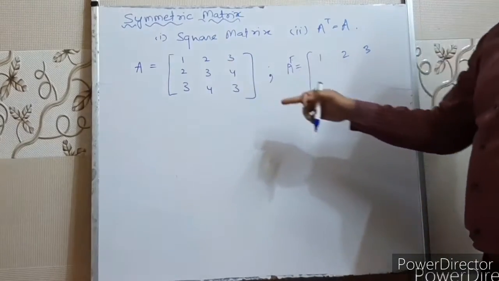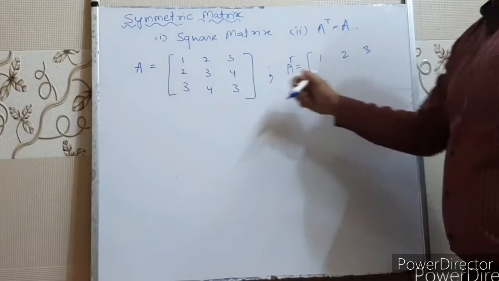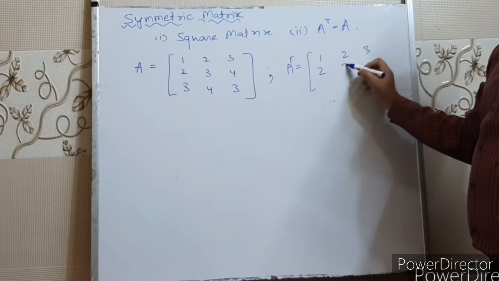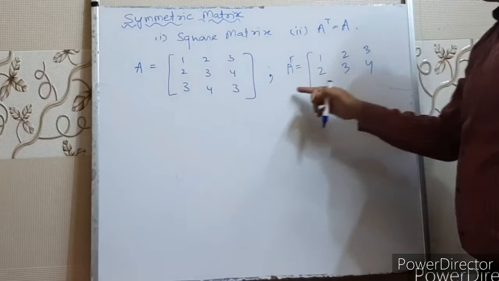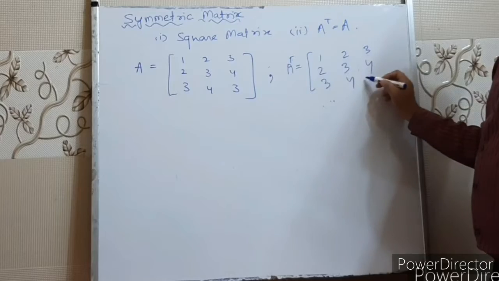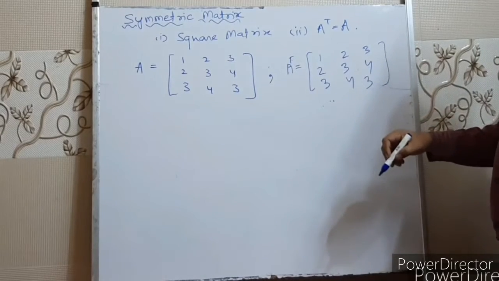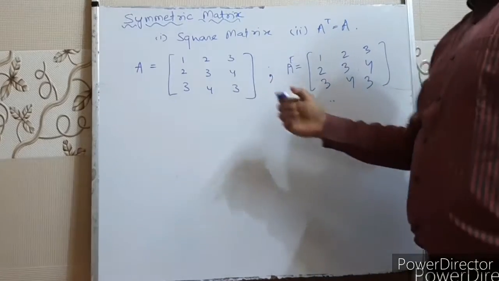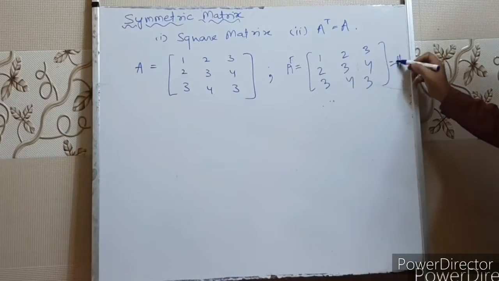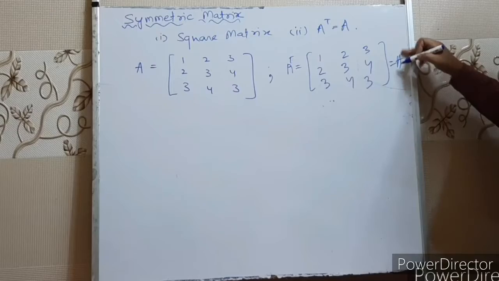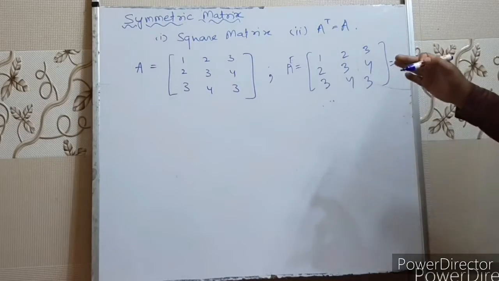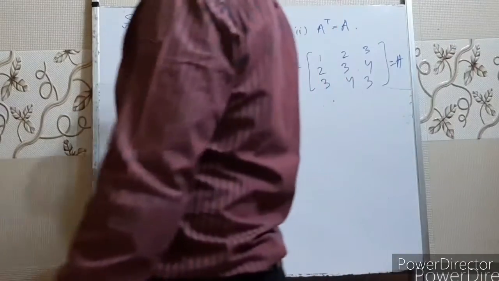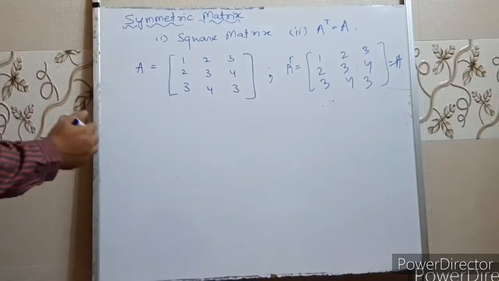The column 2, 3, 4 will become the second row. Then the third column will become the third row. Isn't it our original matrix A? So when the transpose of a matrix is the matrix itself, that particular square matrix is called a symmetric matrix.